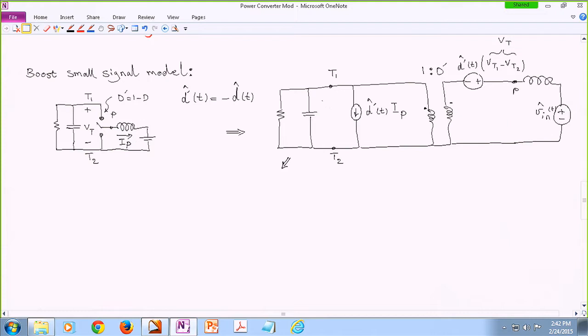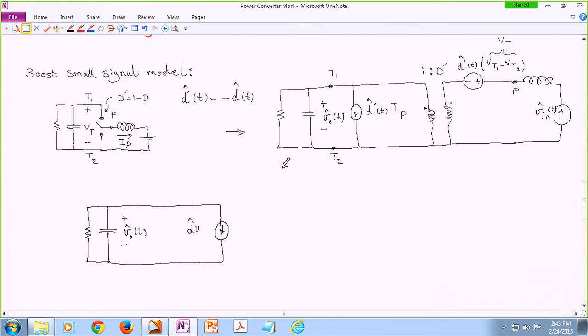And by the way, IP, the pole current over here, is actually the opposite of the input current, right?